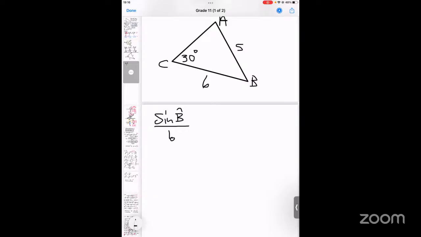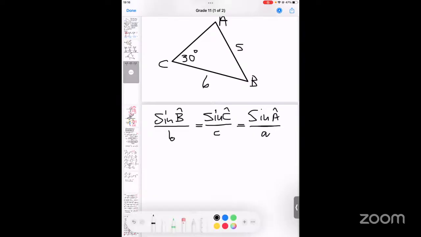Okay, what I know is that this should equal sine of angle C over that small letter c, which should equal sine of angle A over small a. It looks like I will need to firstly find something before I can get to angle B.